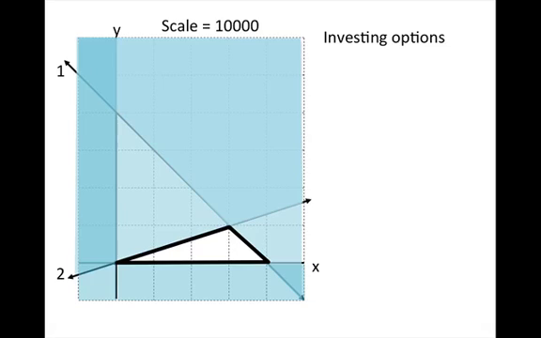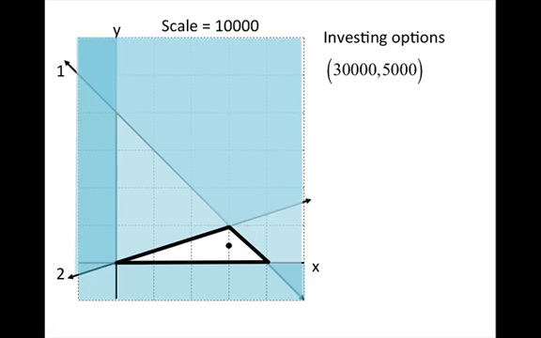Well, let's look at some of Carla's investing options. Let's just consider any ordered pair in that solution area. So let's consider this point right here. Remember, each line represents 10,000, so the X is 30,000, and this looks about halfway between the 0 and the 10,000, so let's say Y is 5,000. So what does this mean?